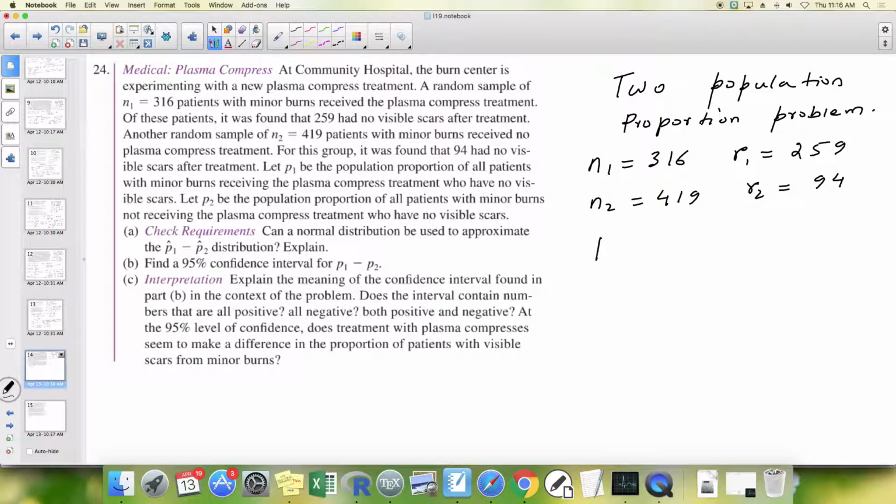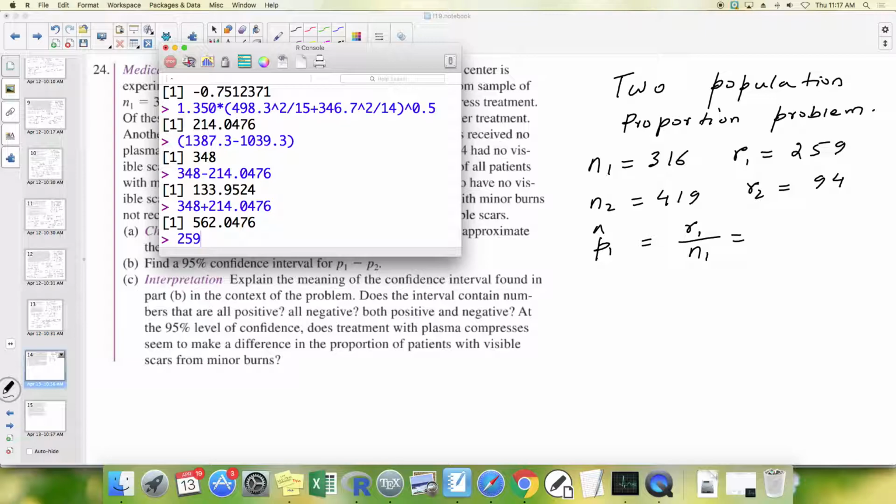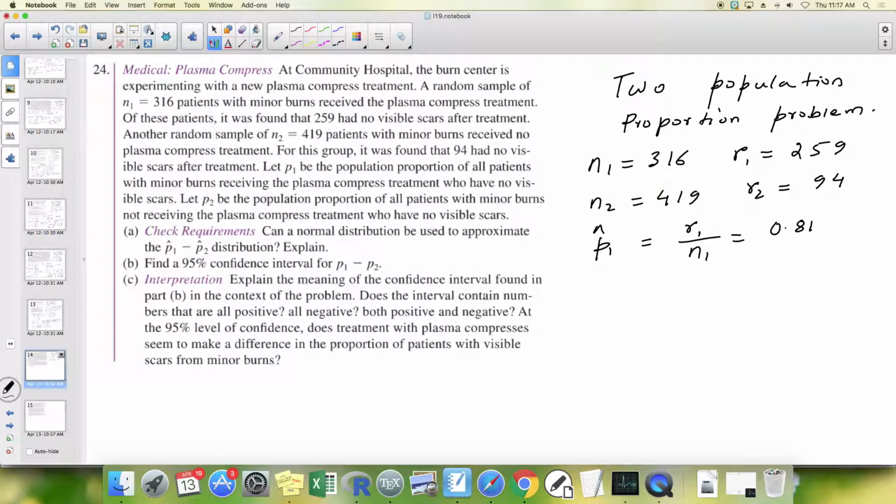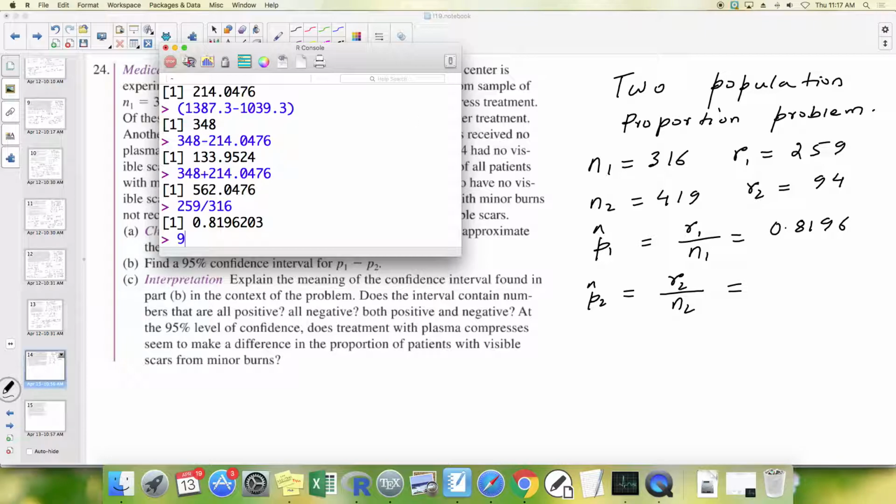So obviously P1 hat is R1 by N1. So 0.8196. And P2 hat is 0.2243.